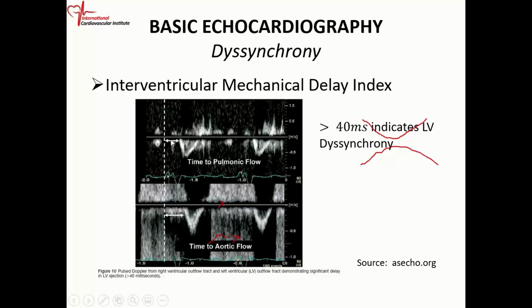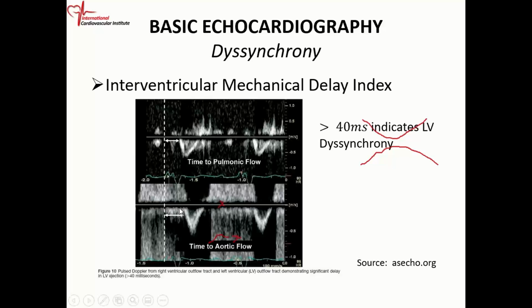IVCT, remember, isovolumic contraction time, and then you have the ejection. So this would be your IVCT across the pulmonary valve. And then you do the same thing for the left ventricular flow tract, and then this is going to be IVCT.